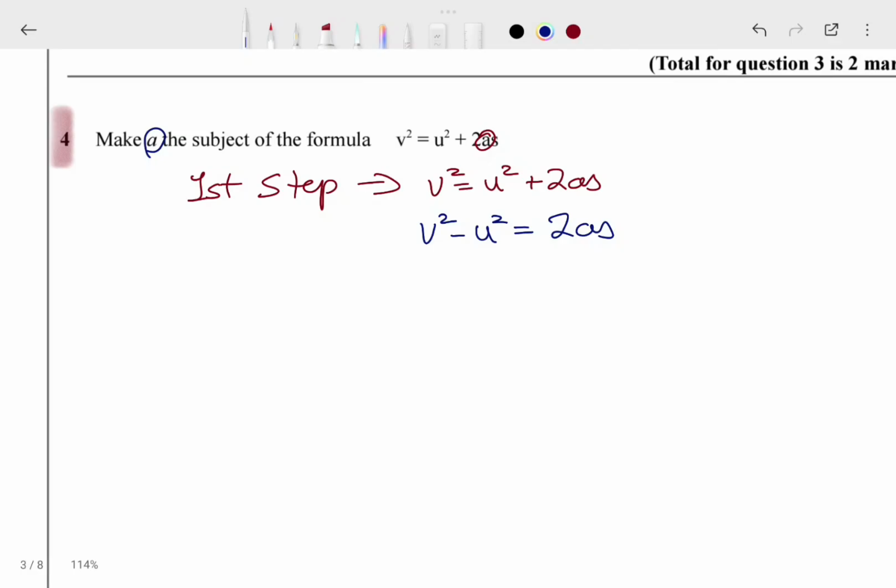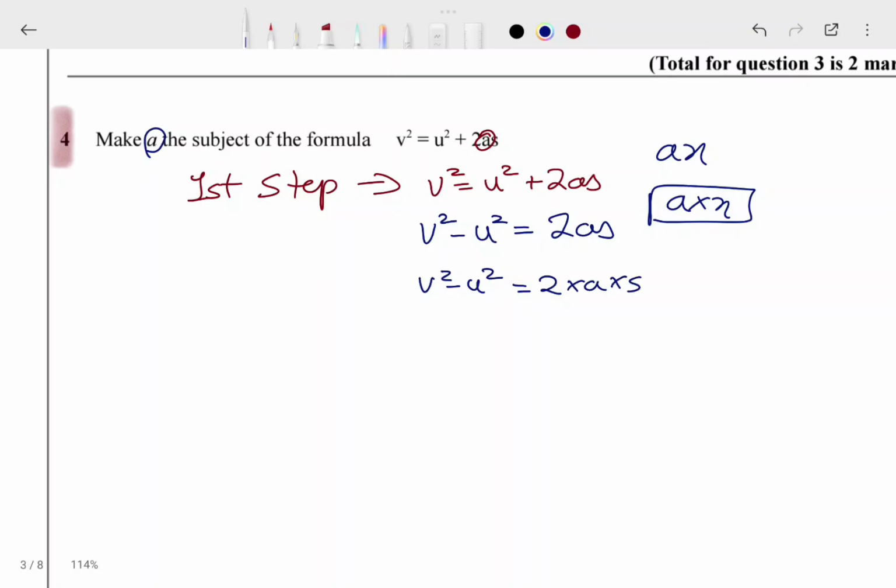When there's nothing between them, suppose it's ax, always remember that there is a multiplication sign there. So v square minus u square gives you 2 times a times s.